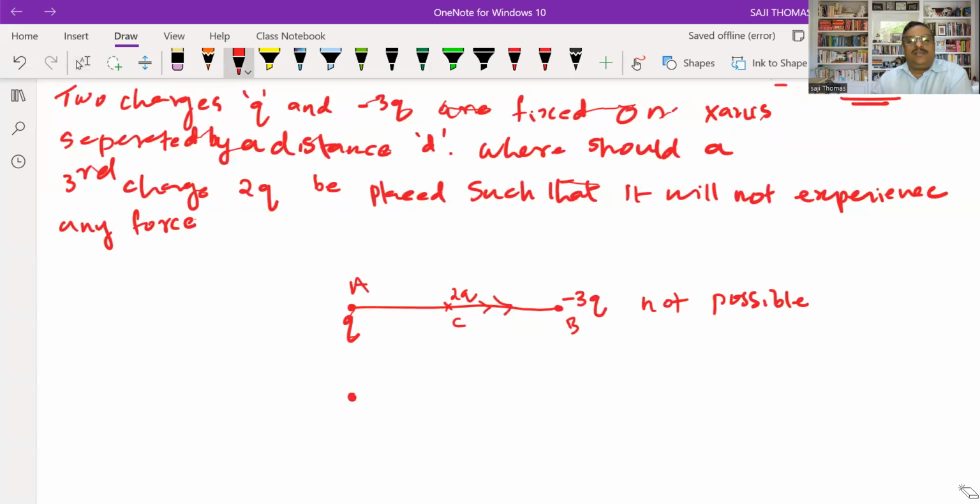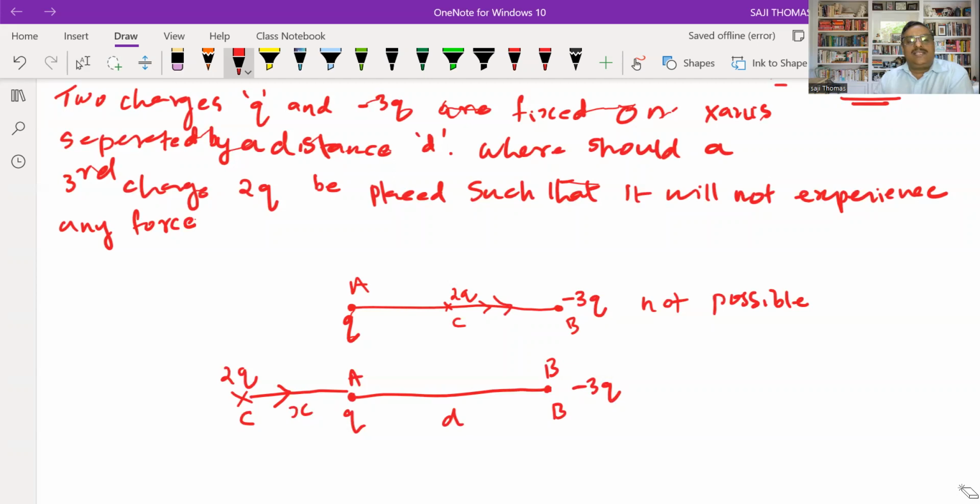Now Q, minus 3Q, distance d. Now suppose we place this charge 2Q here at a distance x from small q. Now force on this charge, say C, due to charge minus 3q is in this direction.